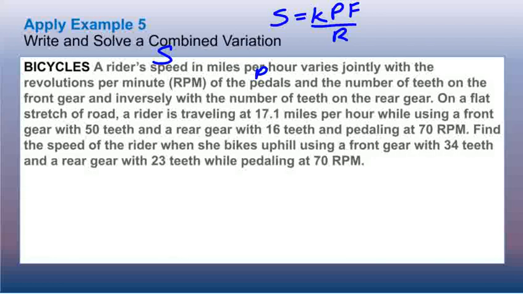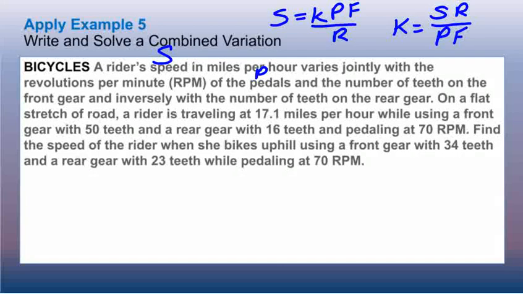If I use this one to solve, I'm going to rewrite this so I'm solving for K. So K is going to equal the speed times the rear divided by the RPM of the pedals and the front teeth.